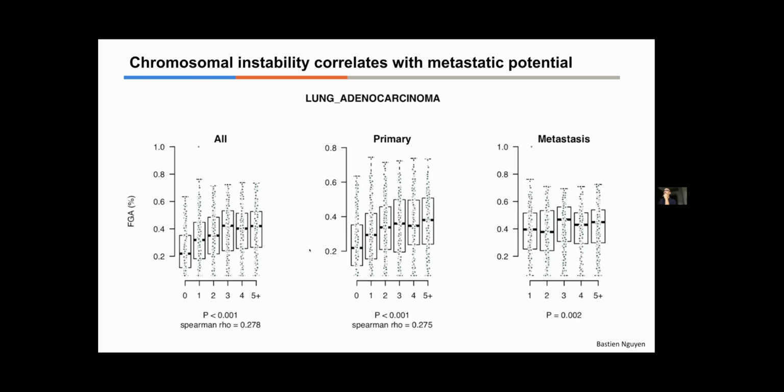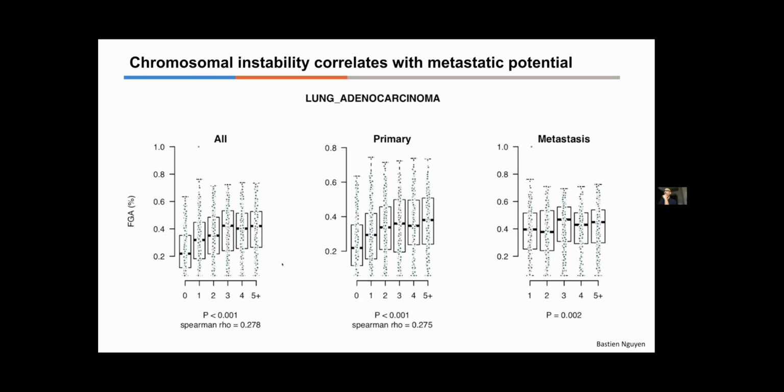So also if you look at the number of sites of metastatic disease in a patient's history versus the FGA, you actually see a climb in the FGA. Patients that have no metastatic disease have a median FGA of just above 0.2, but as you have more sites of metastatic disease, the FGA increases.